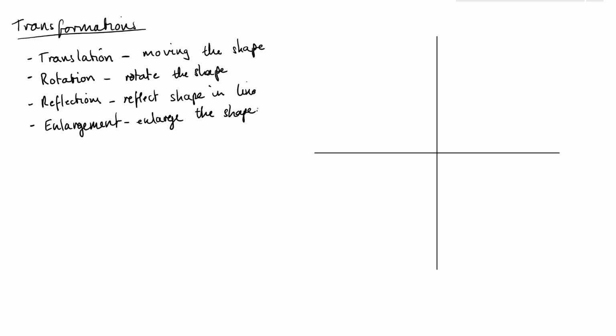Okay, so I'm going to work on these grids, and the first thing that I'm going to go through is just translation. So translation, meaning moving the shape. So let's say I had a square that was over here.